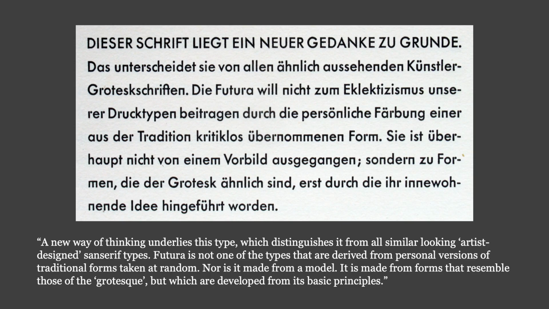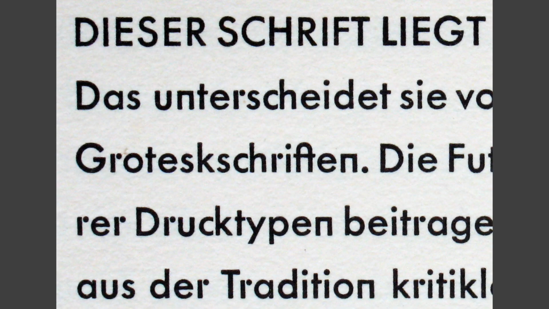And in fact, this is from the specimen I've just shown, and if you look at its details, you see that even in this apparently fairly conventional piece of writing, the N and the R are some of the more experimental forms that were originally offered, but the Bauer Type Foundry hesitated to go ahead with some of these forms and changed them to more conventional ones.